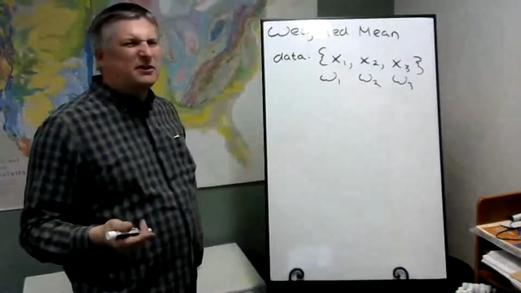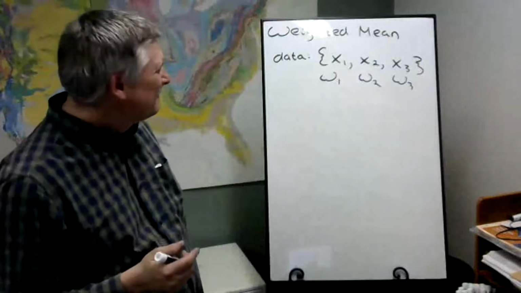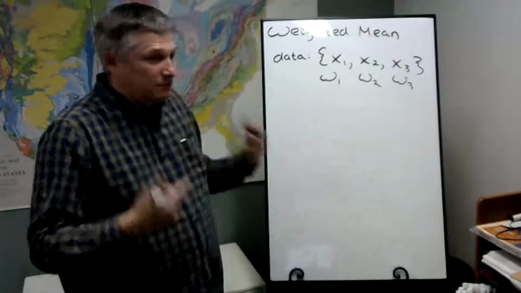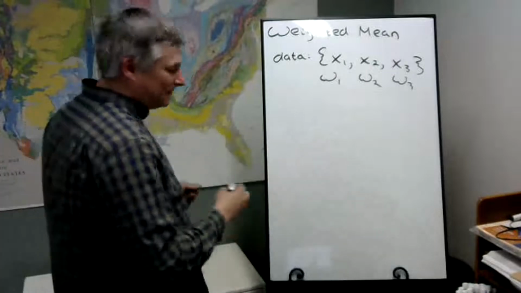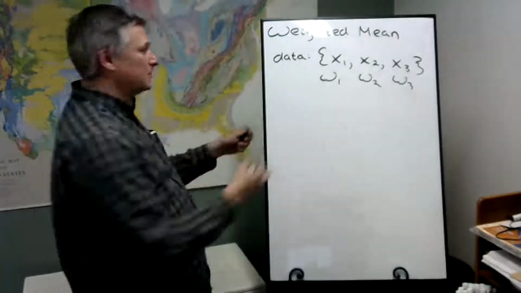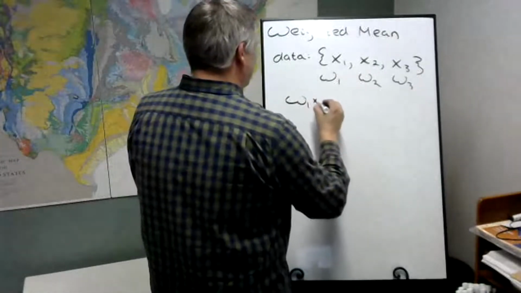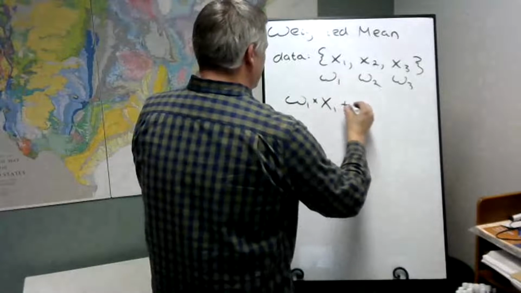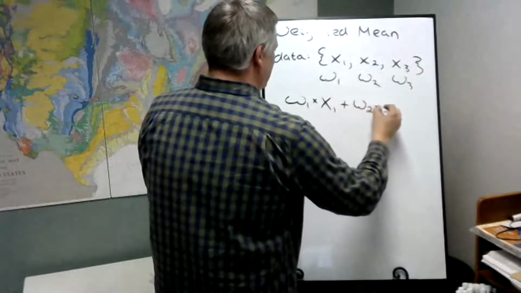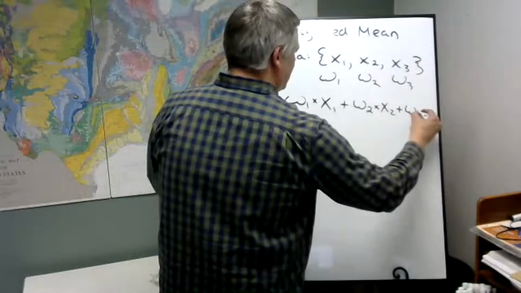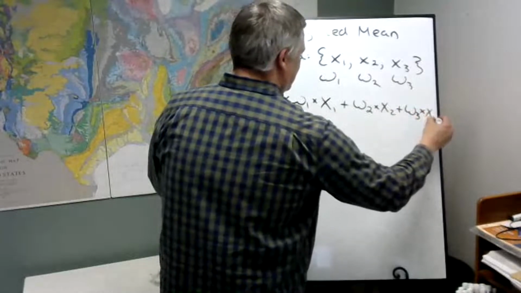You can think of weights like frequencies. And so this is going to be similar to what we're doing with the mean for the frequency distribution. Instead of frequencies, we're going to be using weights. So it's going to be W1 times X1 plus W2 times X2 plus W3 times X3.